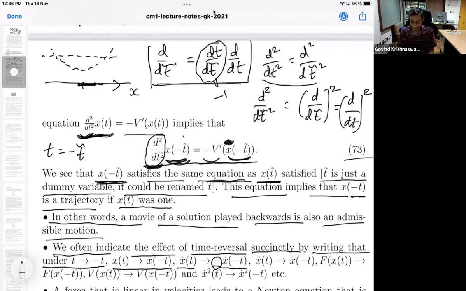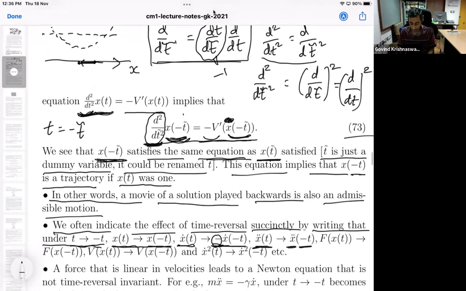So we will say that under time reversal, x is now evaluated at minus time. Velocity gets reversed in sign. Of course, it gets evaluated at the other time, but it also gets reversed in sign. Accelerations do not change in sign. Of course, they are evaluated at the opposite time, minus t.